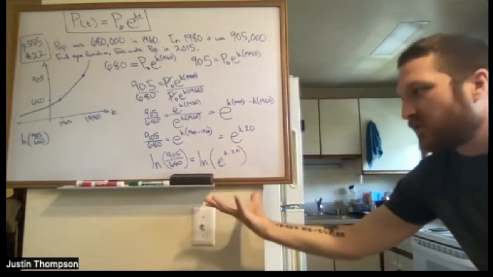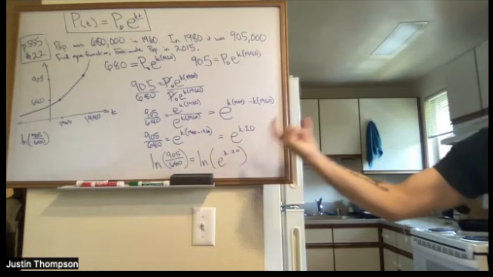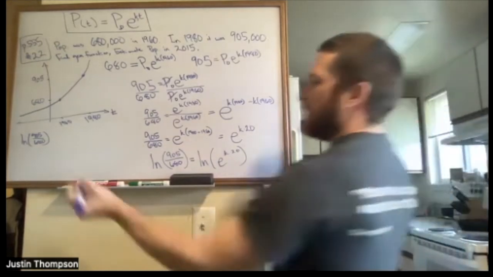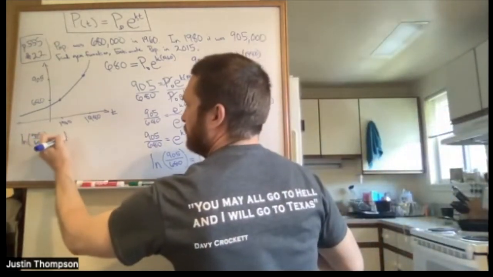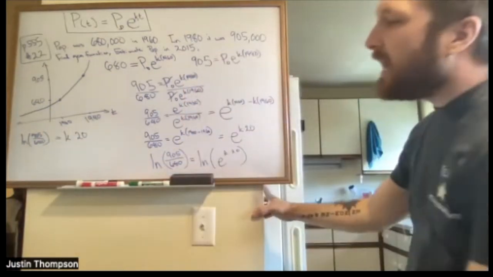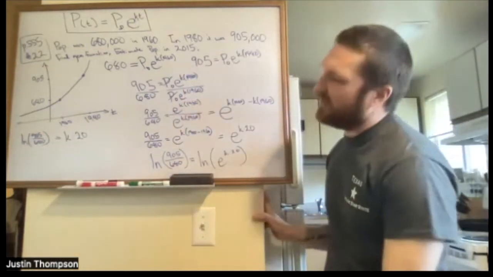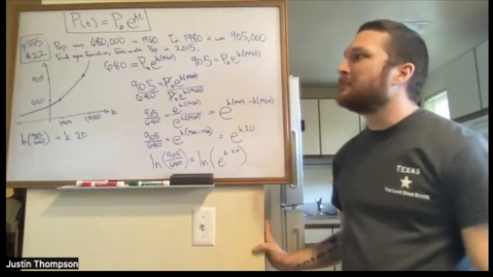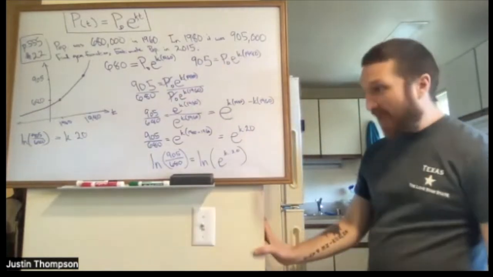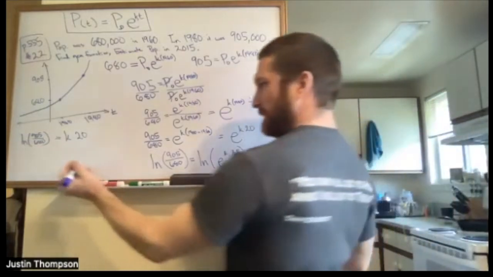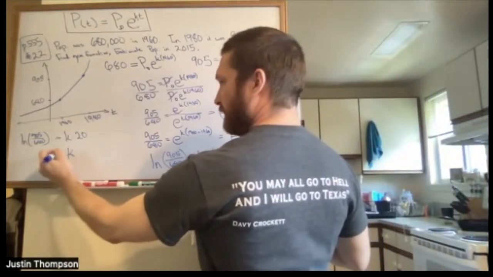That's why I chose to take a log at this point, to make that stuff pop out. And so now I just have K times 20 on the right-hand side. The whole name of the game was get K by itself. It's almost by itself. How do I finally get K by itself here?